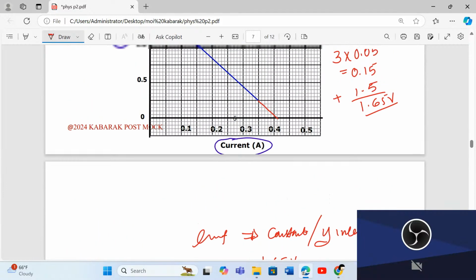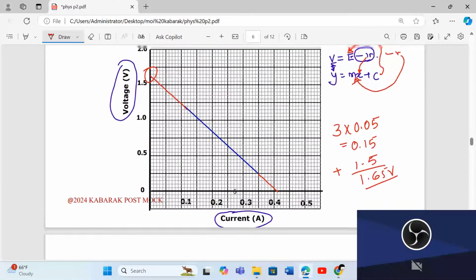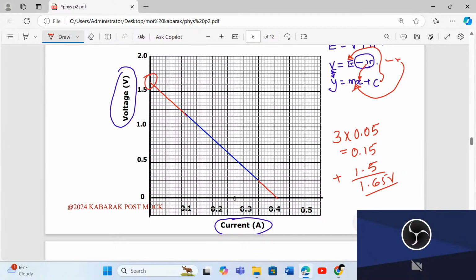Remember, the slope of this graph is negative, and the negative slope will be giving us negative r. Therefore, picking 2 points in this manner, for example, picking a point in this part and the other point which is here.